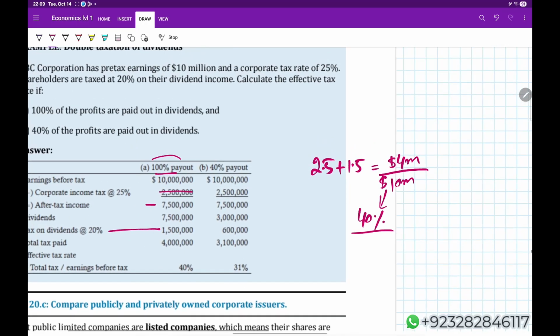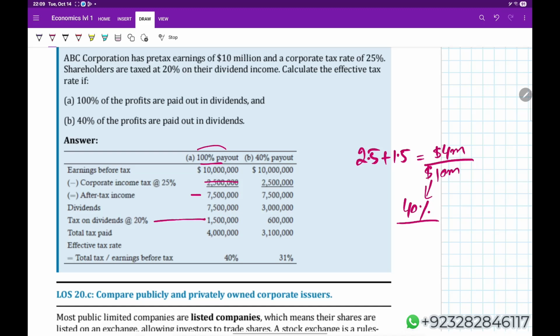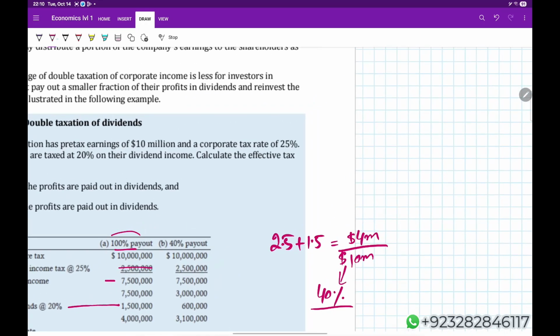Now from the exam point of view, the examiner can give you absolute numbers and may require you to calculate the effective tax rate. But if absolute numbers are not given and only percentages are given, how can you calculate the tax?